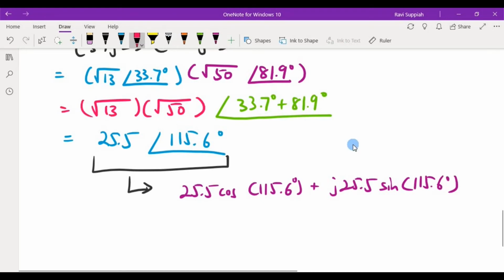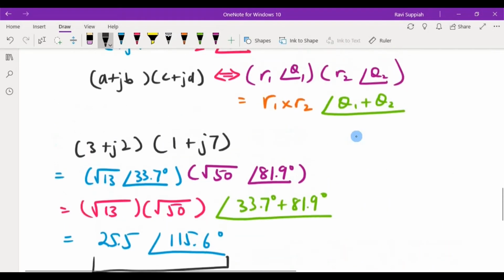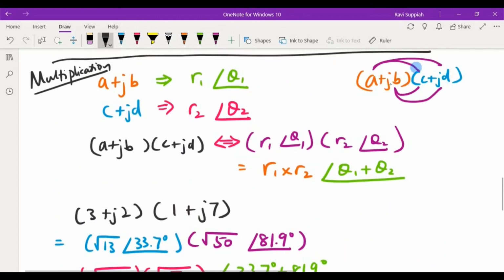So all of this is basic calculation you can perform with your calculator, and the answer you would get would be minus 11 plus j23. You can confirm this answer by performing the expansion method that I showed you in the previous lesson.